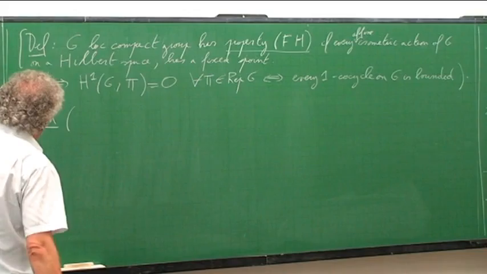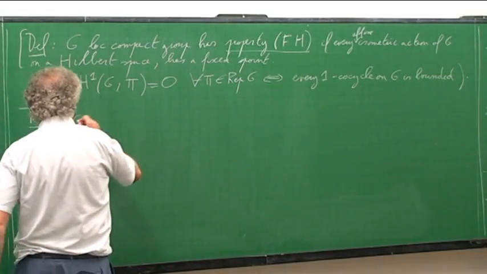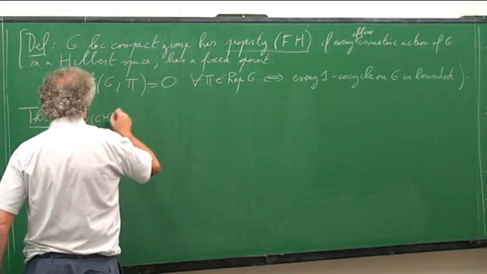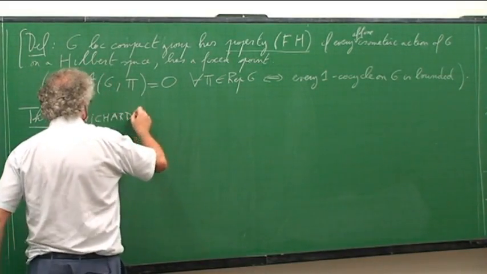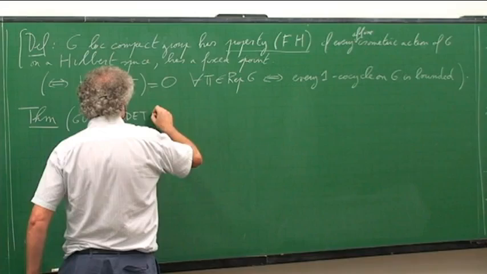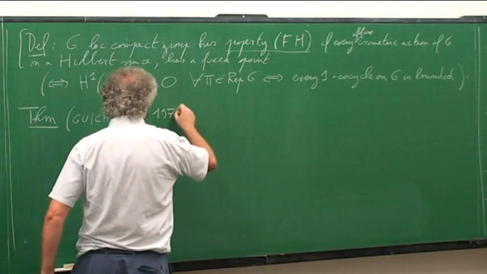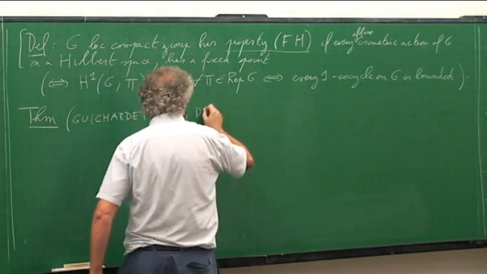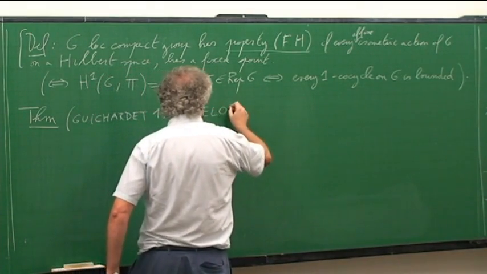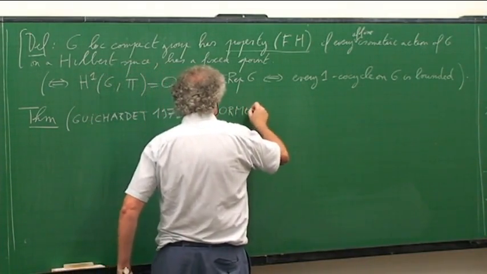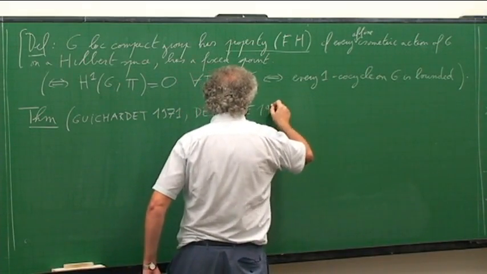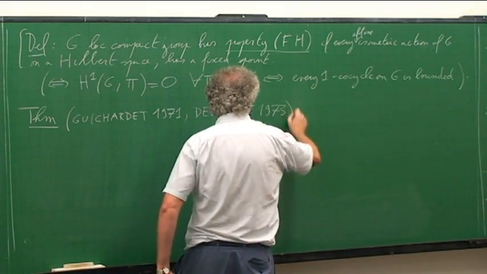So, one half was proved by Guichardet in 1971, and the other half was proved by his student Delorme two years later, in 1973.